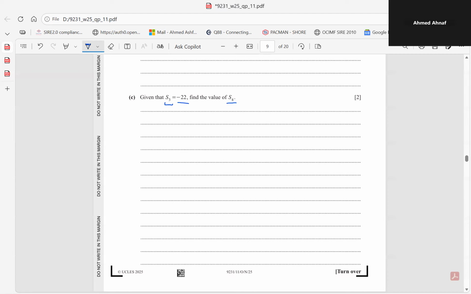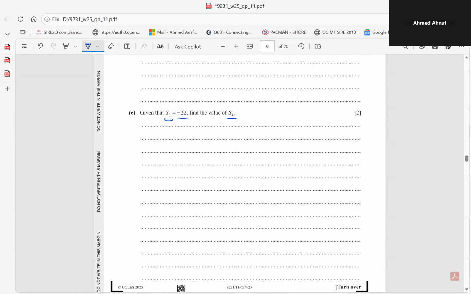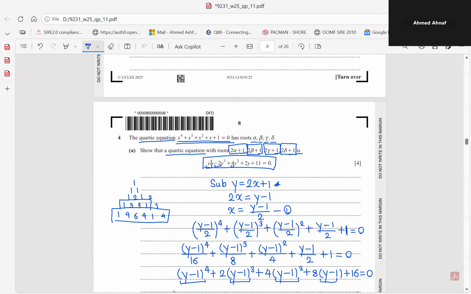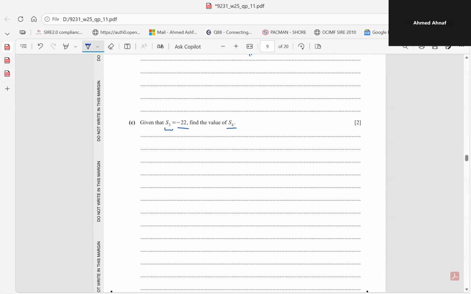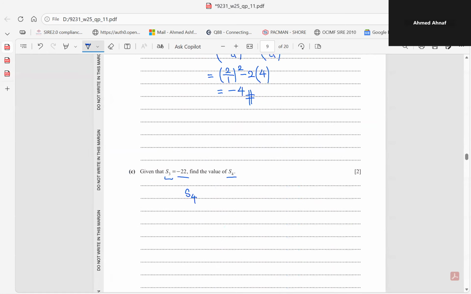Okay, so this is our equation. So the y to the power 4, you can just replace it with S4. And same for the y cubed as well as y squared. You can replace them with S3 and S2, right?